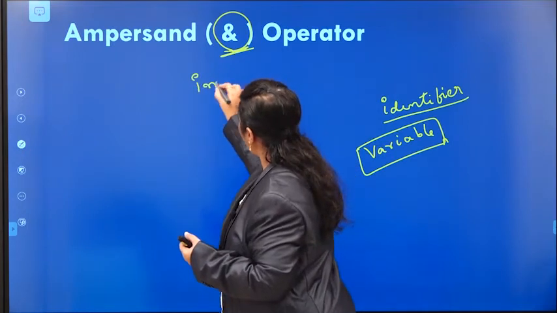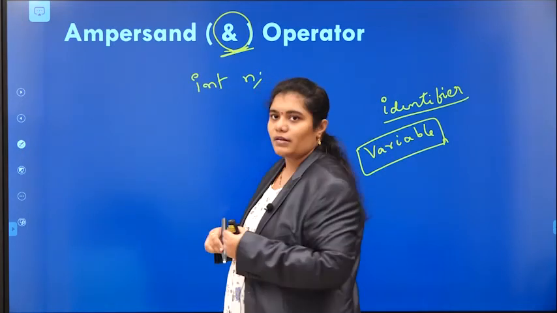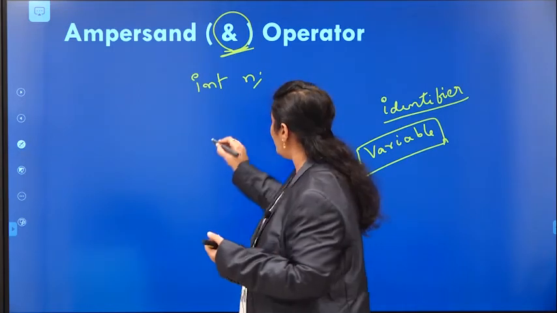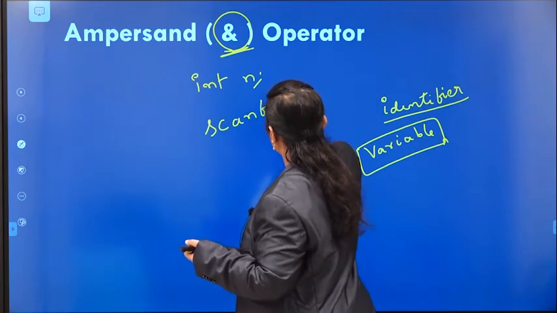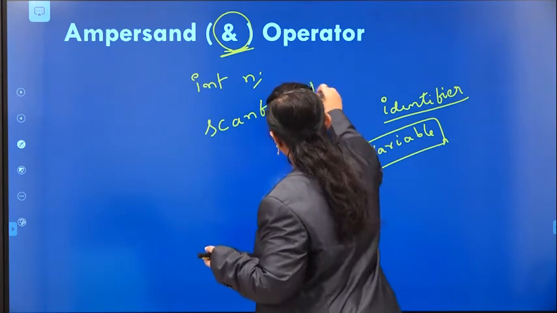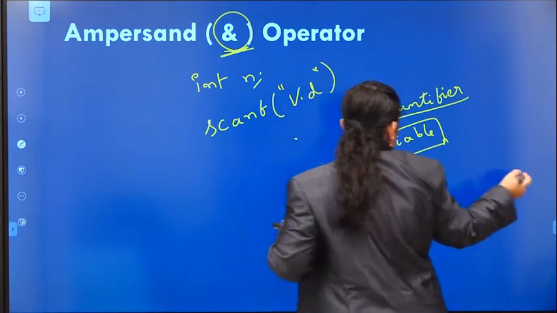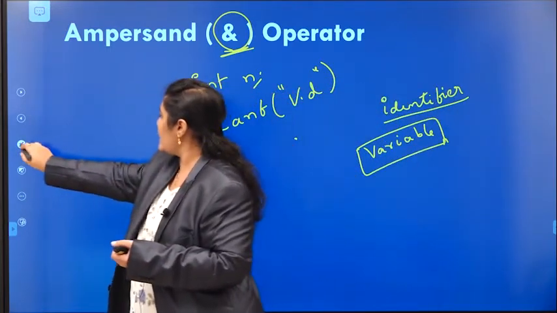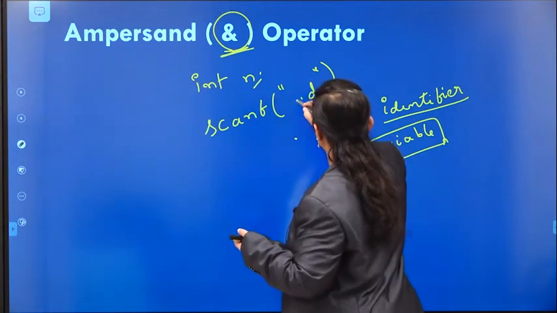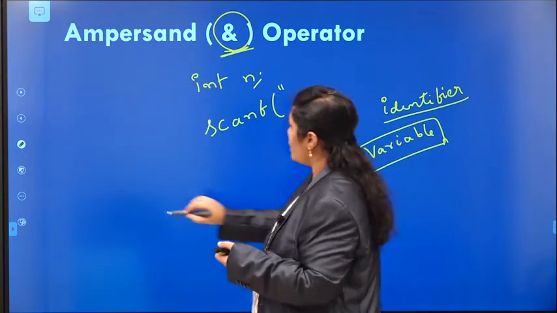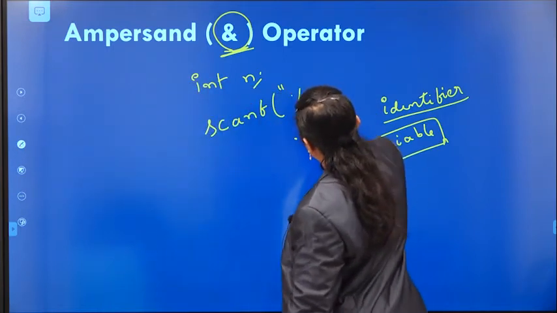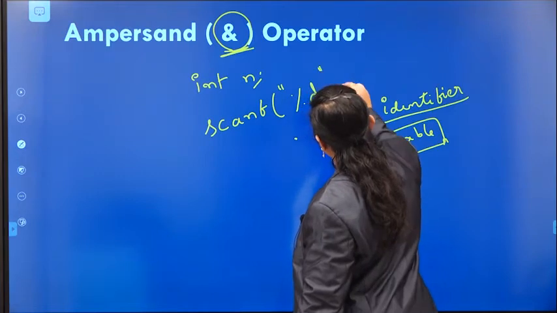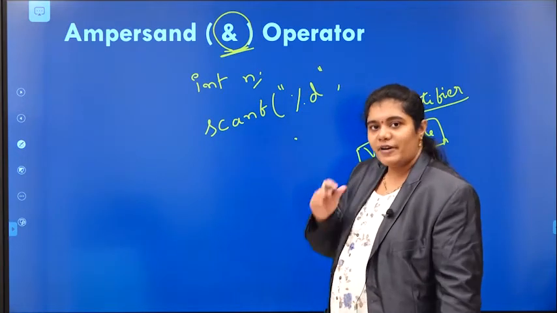I want to read a value. int n. For this n, I want to read a value. So, with the help of the scanf function, scanf("%d", I am reading an integer value.